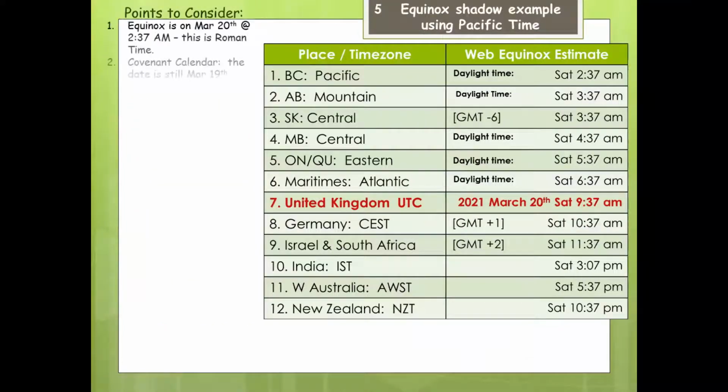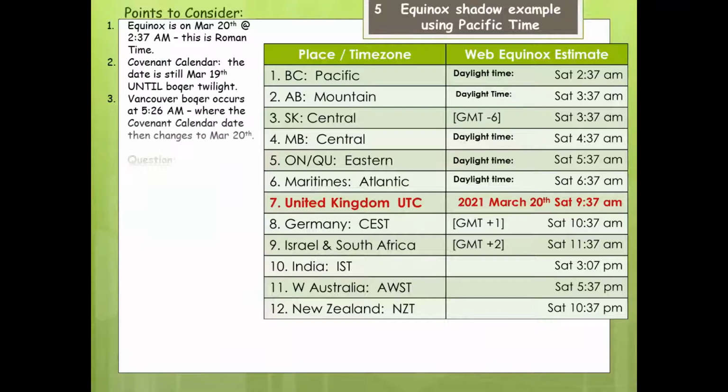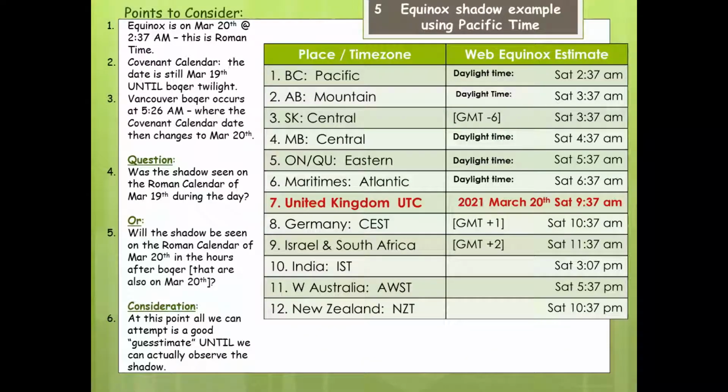Okay, so there are some points to consider about this equinox shadow. I sort of explained it a little bit already, but I'm just going to use equinox time for Pacific time zone right now, and just try to follow me on this, okay?